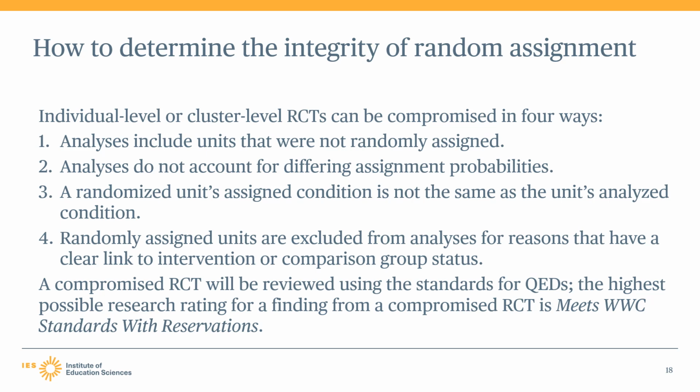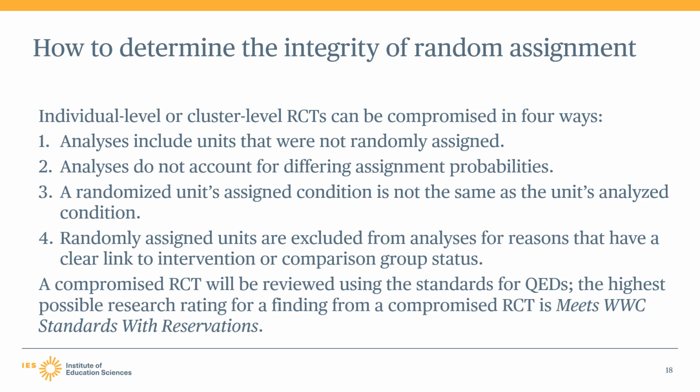A second way that random assignment can be compromised is if the analyses do not account for different assignment probabilities, as previously discussed. A third way that random assignment can be compromised is if the randomized unit's assigned condition is not the same as that unit's analyzed condition.